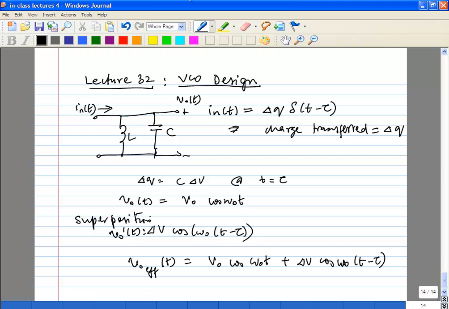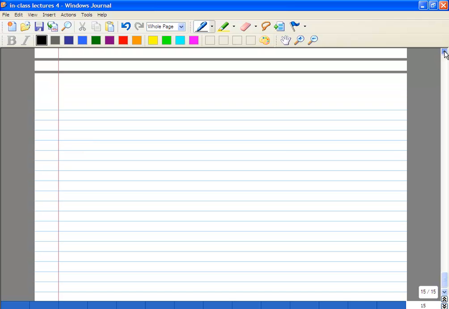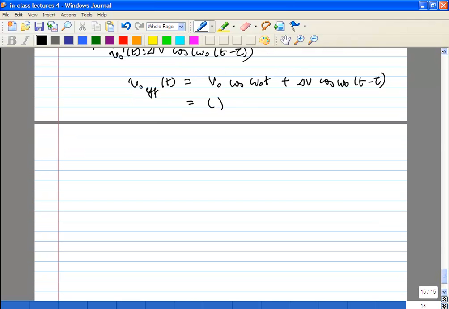Now of course this will have two components. You can split it as something times cos omega naught t plus something times sin omega naught t. So obviously you are going to have some amplitude shift and phase shift.